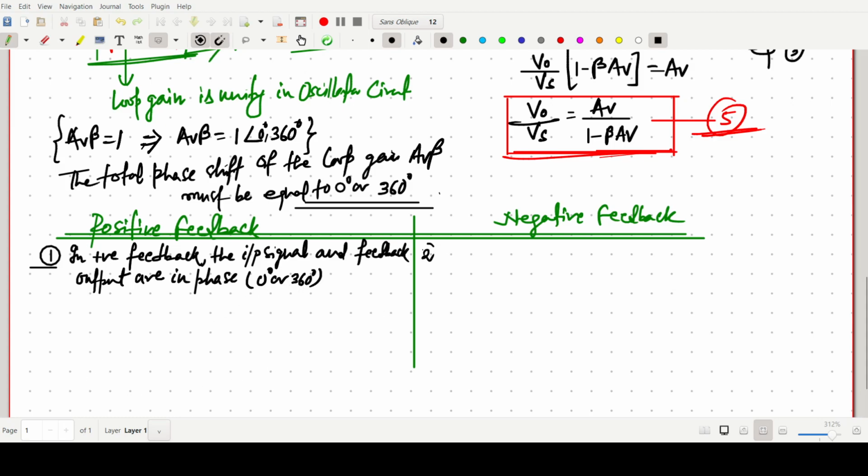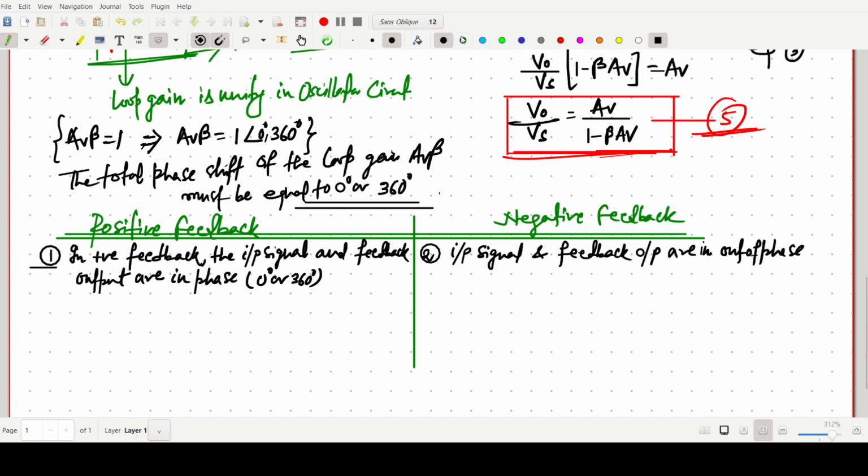But in case of negative feedback, the input signal and feedback output are out of phase.